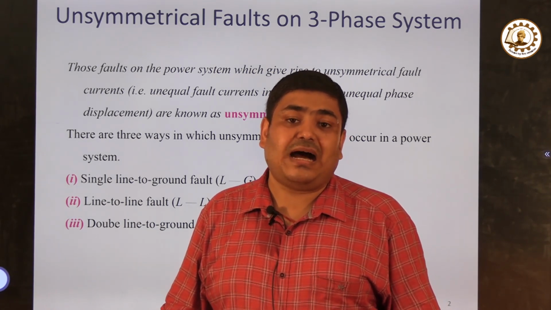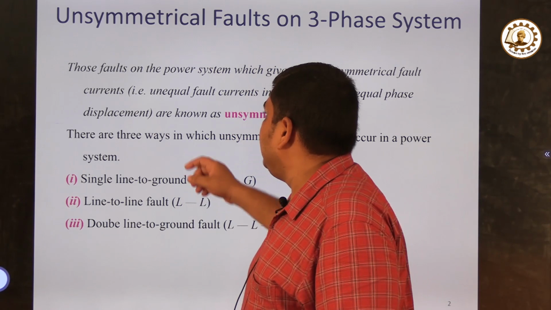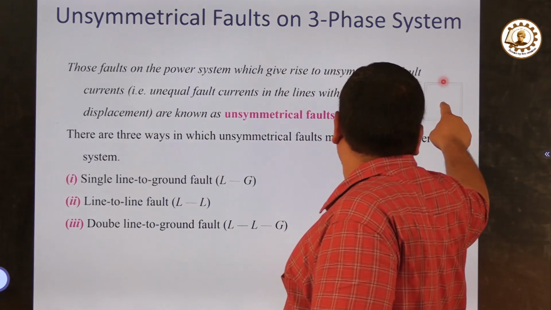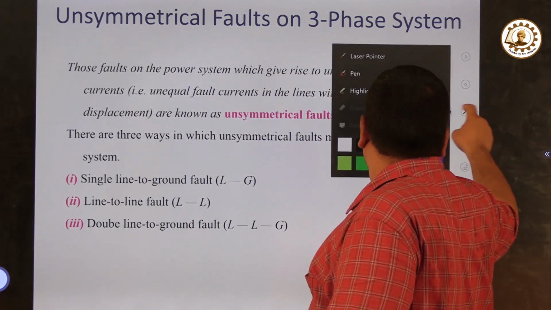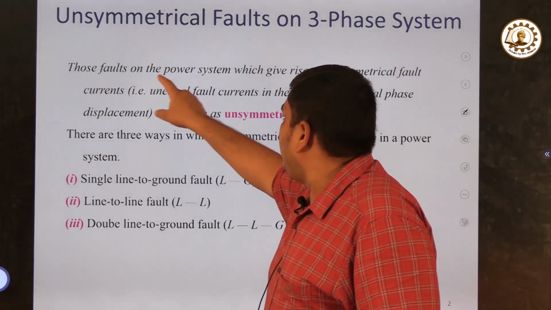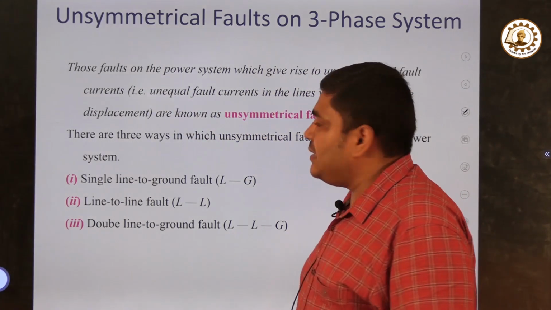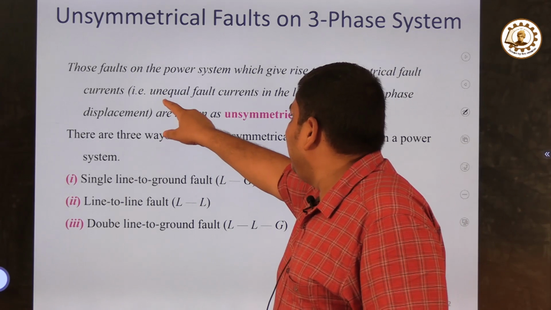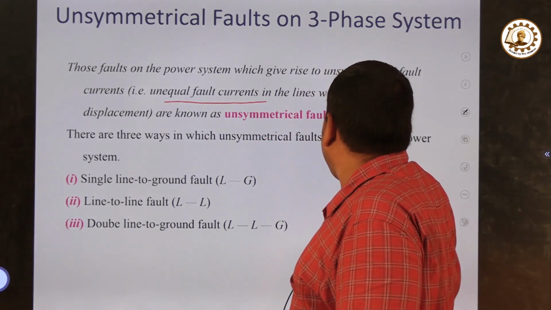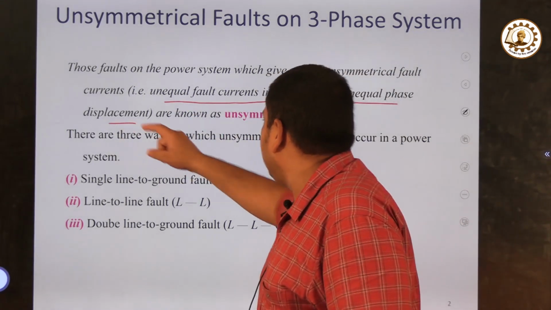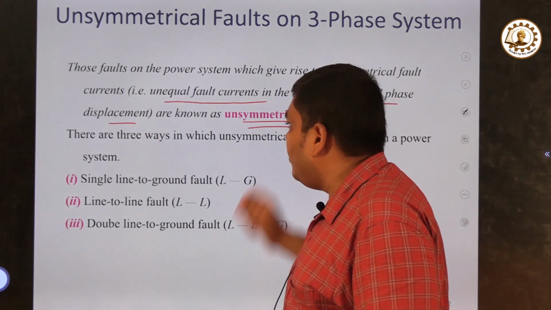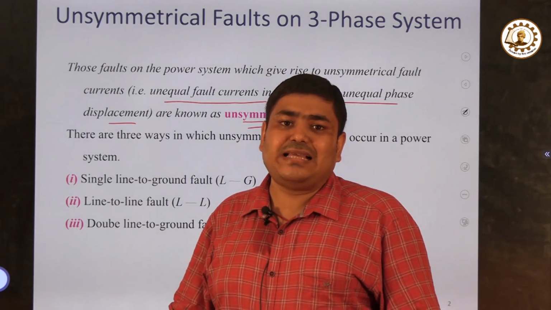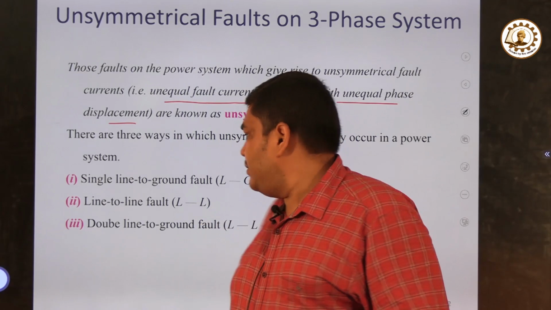This is known as unsymmetrical fault. Here it is written, those faults on the power system which give rise to unsymmetrical fault current, that is the unequal fault current and unequal phase displacement, are known as unsymmetrical fault.